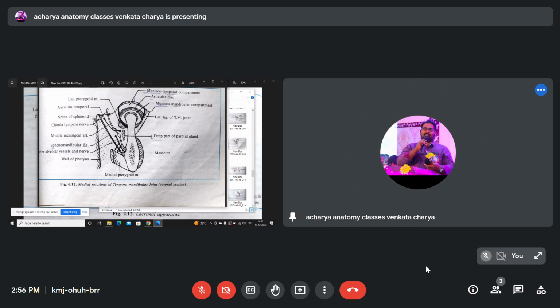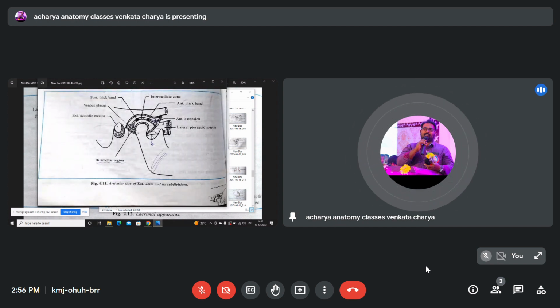Next, articular disc consists of three zones. Number one, anterior extension. Number two, intermediate zone. Number three, bilaminar region.